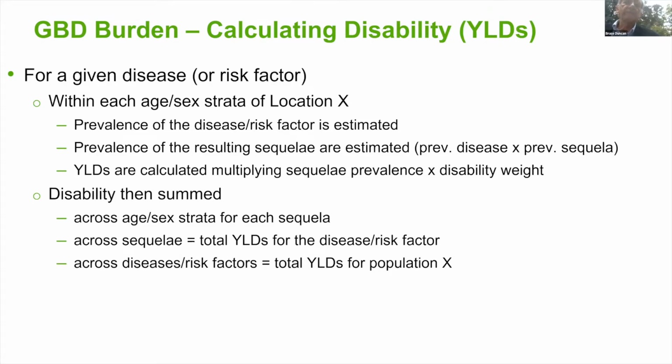So the YLDs are then calculated by multiplying the sequela prevalence, diabetes in this age strata, times the disability weight associated with it, multiplying the sequela, which is diabetic retinopathy with moderate vision loss, times the disability weight associated with moderate vision loss due to diabetic retinopathy.